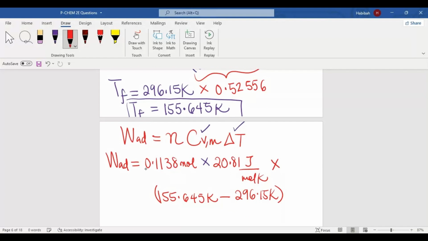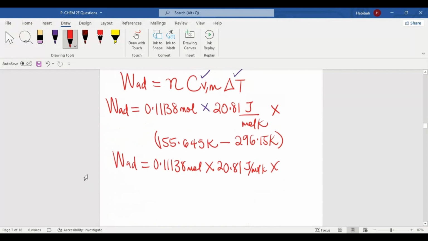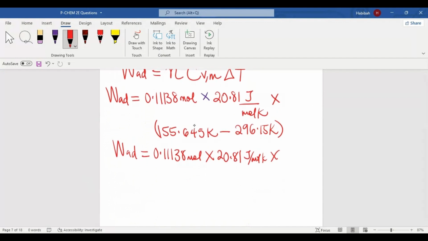So the adiabatic work done is now going to be 0.11138 mole times, rewriting it, 20.81 joule per mole Kelvin times 155.645 minus 296.15 Kelvin, which is the same thing as negative 140.505 kelvins.